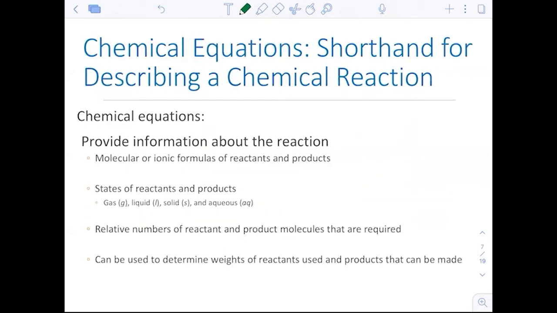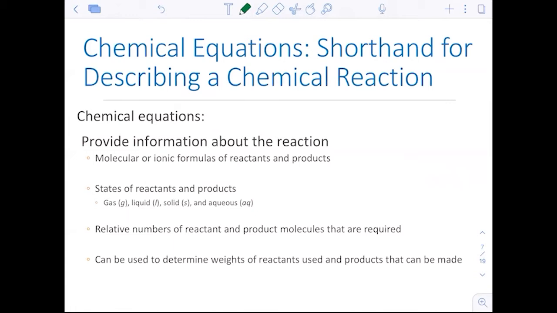Overall, what we want to be able to say is that a chemical equation provides information about a reaction. It's a statement, it's a sentence, just like any other sentence that we say in English. It's a sentence in chemistry. Molecular or ionic formulas of reactants and products will be there. We may say elements. States of the reactant or product have to be there.